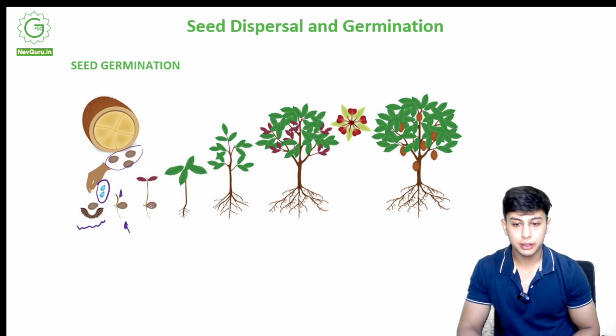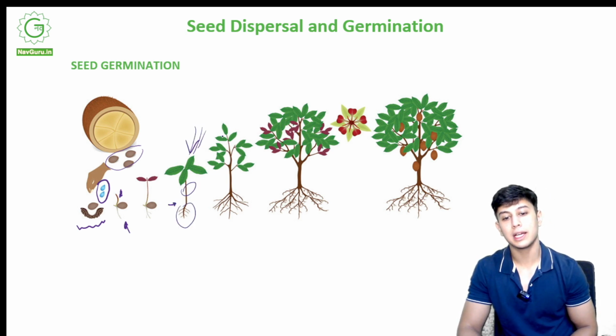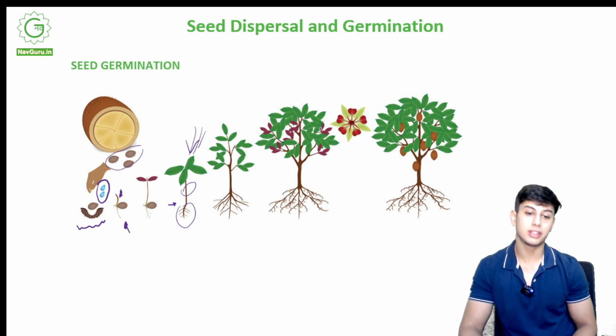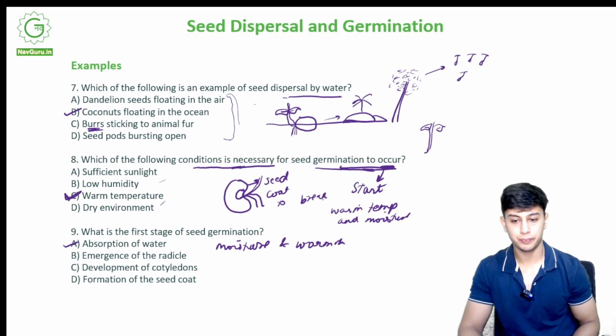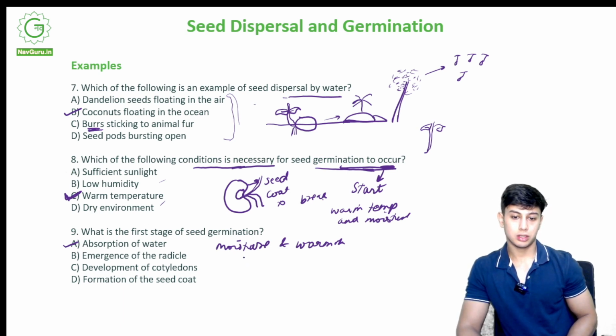Okay, then it grows further, then the cotyledons are utilized. Now it has a root, it has a shoot. Now sunlight will be utilized to grow more, it will get flowers, flowers will be fertilized to form fruits. These are the stages, right? So first is absorption of water.